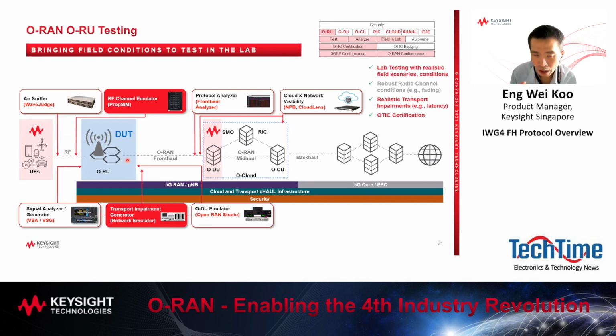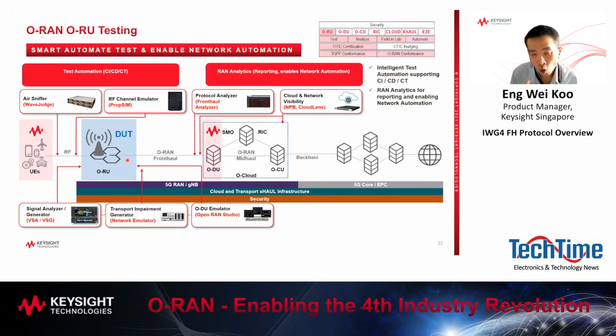So this is really key to make sure that you can inject impairments close to real-world conditions over the air interface and the transport interface. And the whole framework is obviously supported by Keysight's test automation engine and, as I mentioned early on, the reporting framework to make sure that all the test results are reported, enabling network automation.